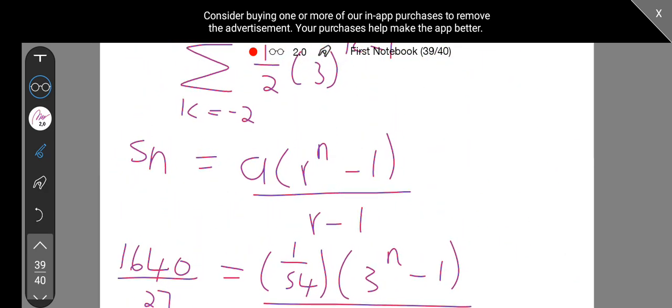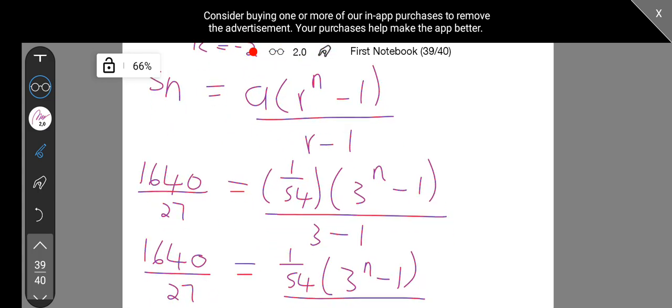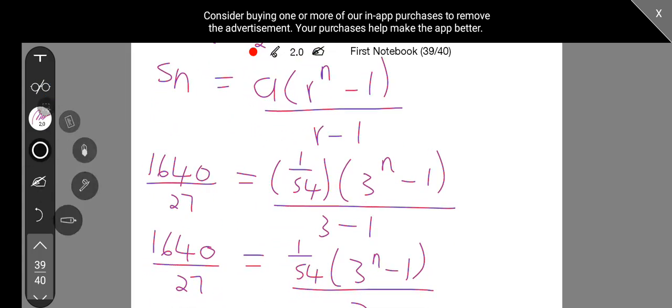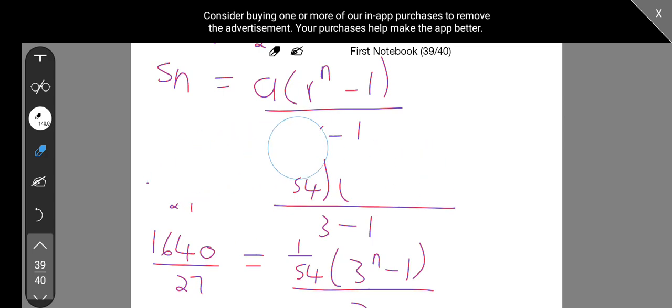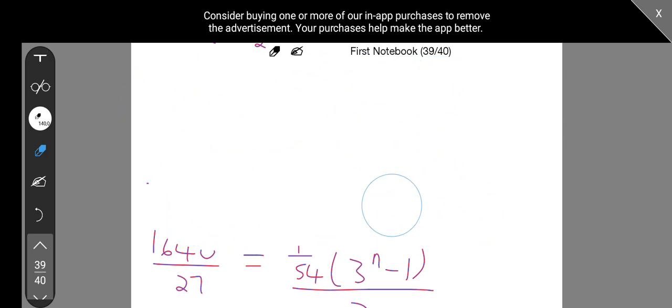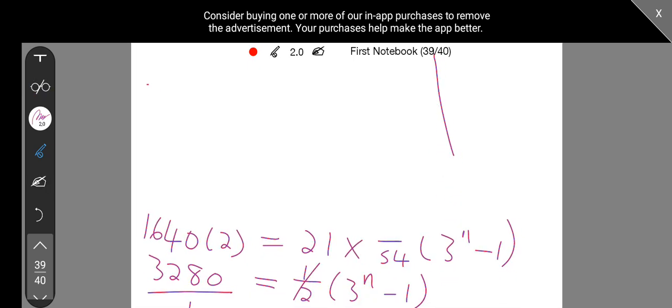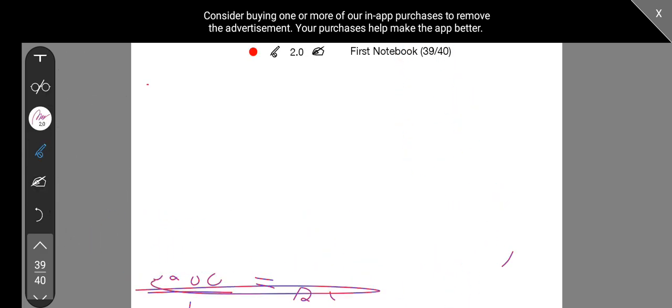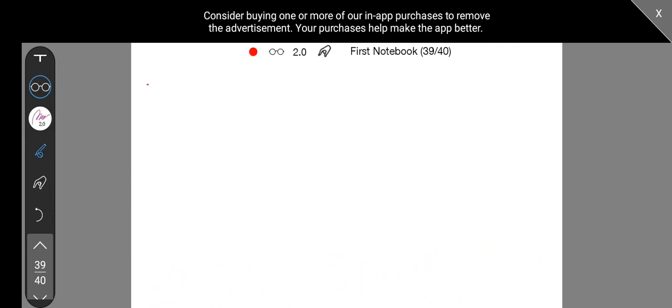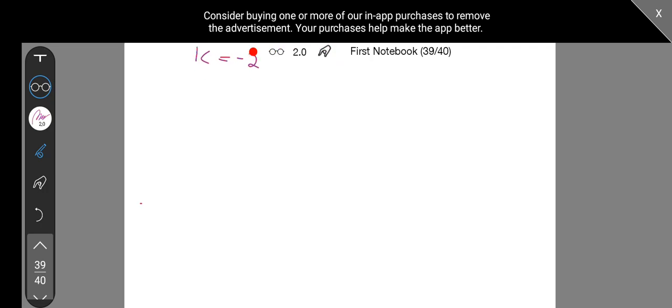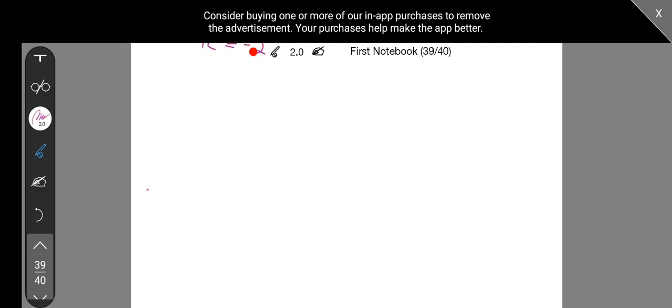So we're going to erase everything here and write this so that we can have enough space to finish. Okay, so we ended at 6561.